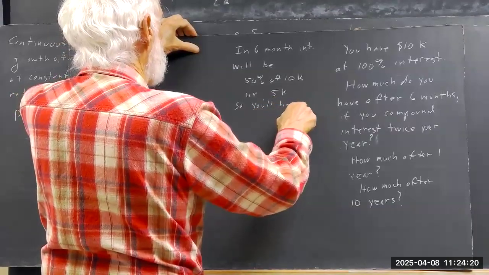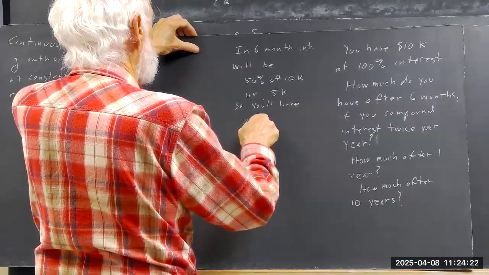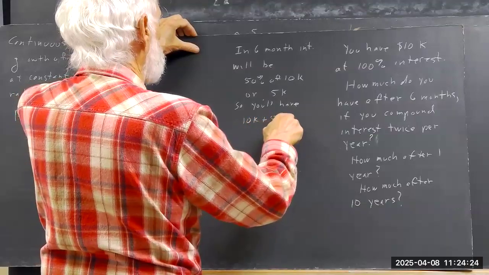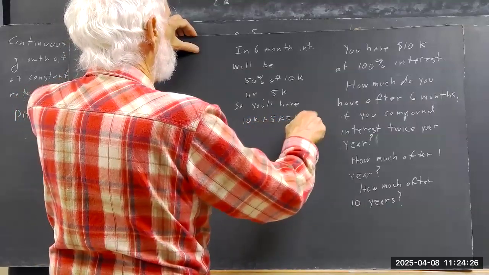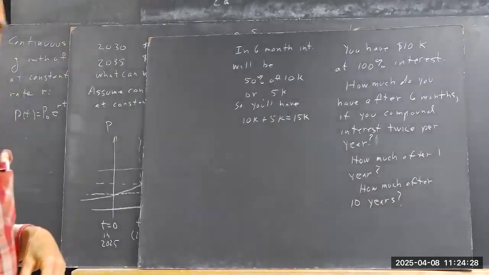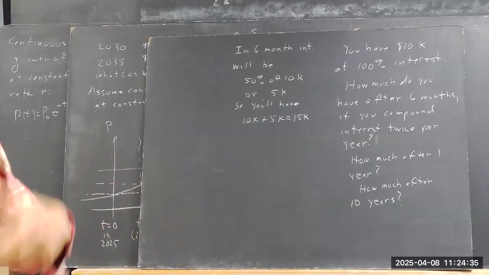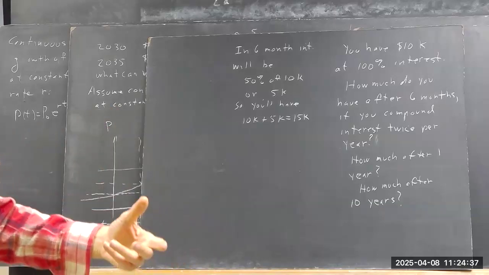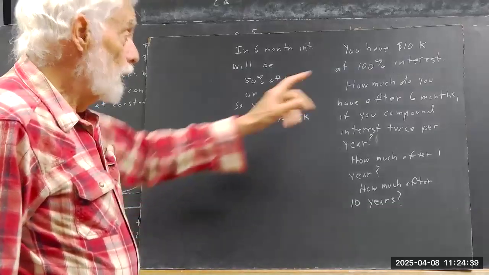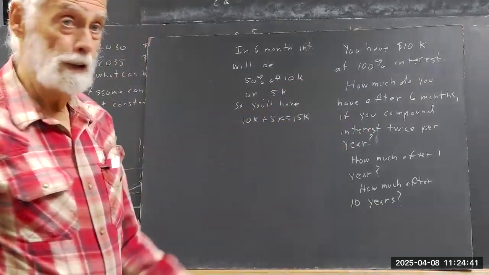You'll have 10K plus 5K equals 15K. Okay. Then how much do you have after a year? You get another 5K? No, you get more than that. Your next 50% applies to the 15K.